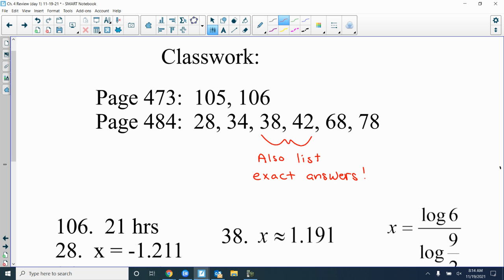Okay, also list that. All right, I'm going to do a couple things here, and then I will put the answers up so you can see them.